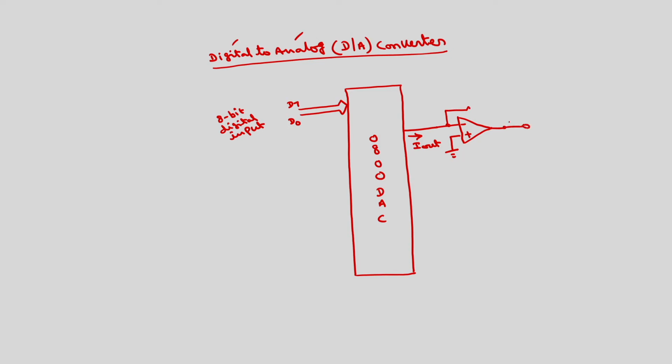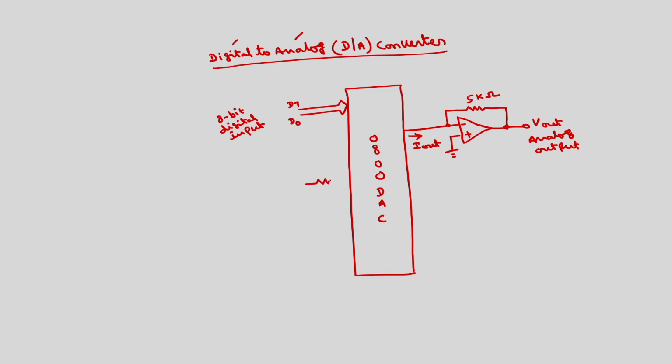This is V out, this is the analog output. And there are several pins, like there will be 2 reference voltages.